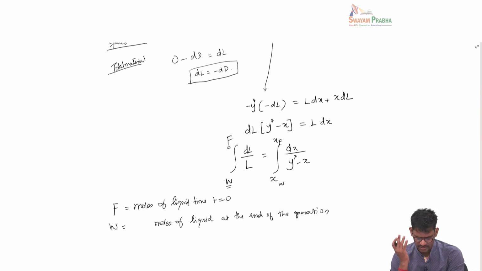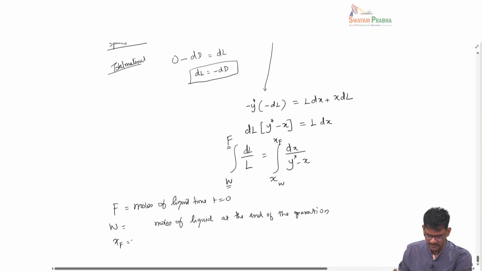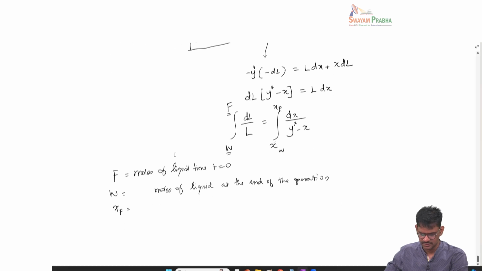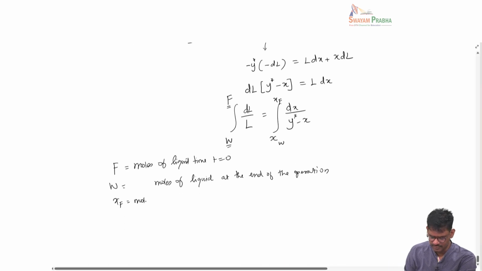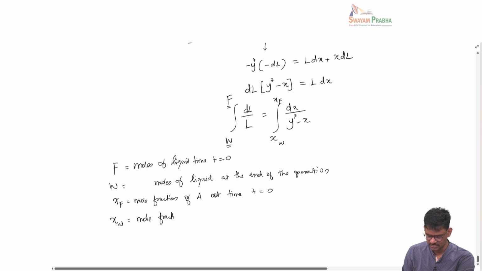So F corresponds to liquid at time t equal to 0, and XF is the mole fraction of A at time t equal to 0. XW is the mole fraction in the liquid at the end of the operation.